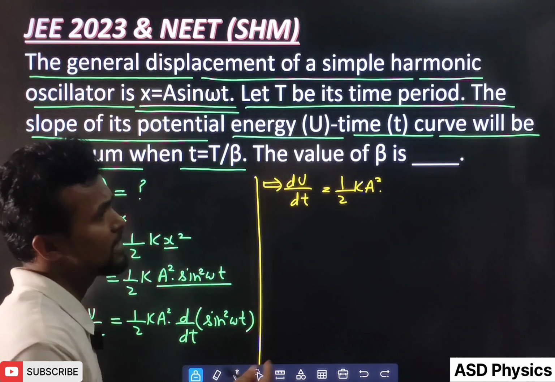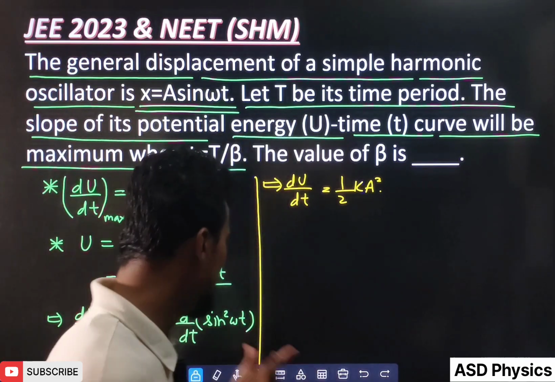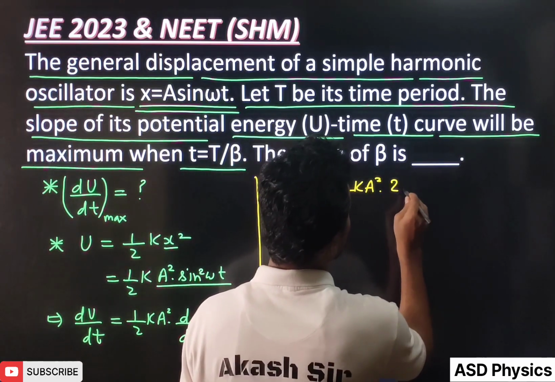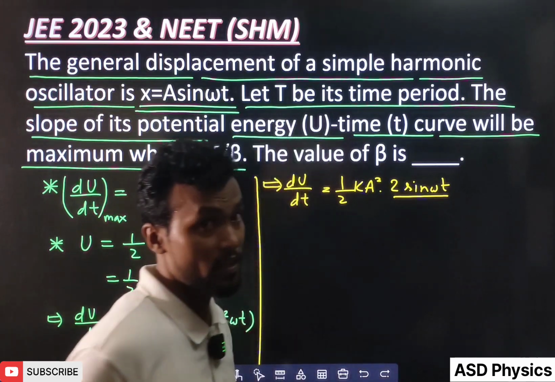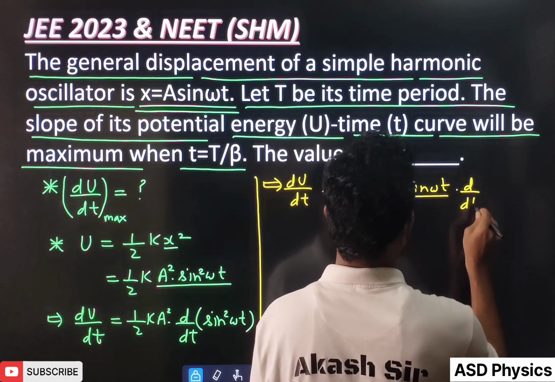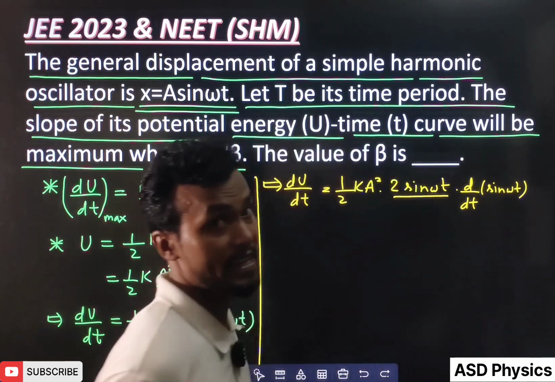In the same way, d by dt of t square is 2t. So d by dt of sin square omega t will be 2 sin omega t, but this sin omega t we have to differentiate again.